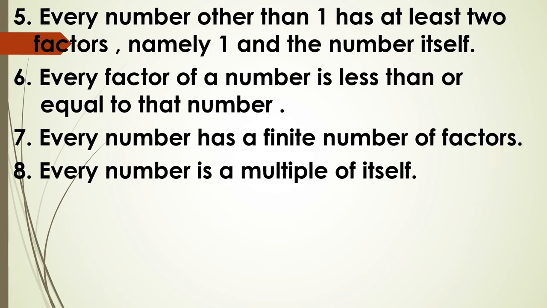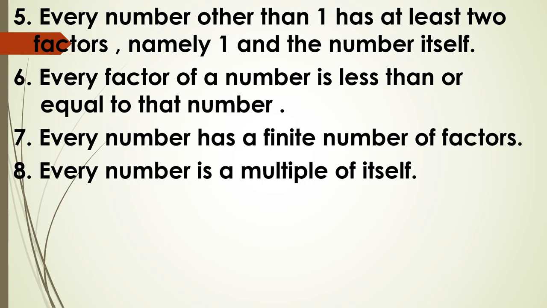Multiples, I have told you, is just the table. Just multiplying that number by 1, then 2, then 3, by 4, and so on. So when we multiply any number by 1, we get the same number.